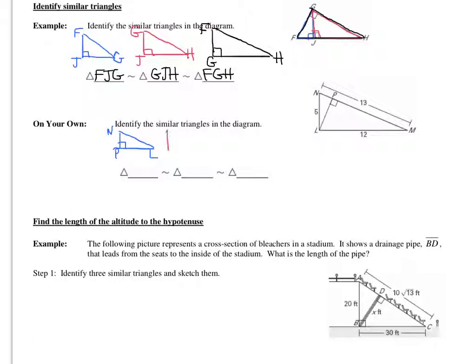My next size triangle, my middle size triangle, here's my right angle, and along this triangle, I would have L, and then P, and then M. And then along my larger triangle, I would have an F, and then a G, and then my H. So to write these out, I would have triangle NPL is similar to triangle, whoops, that should be LPM, and that's similar to triangle NLM.